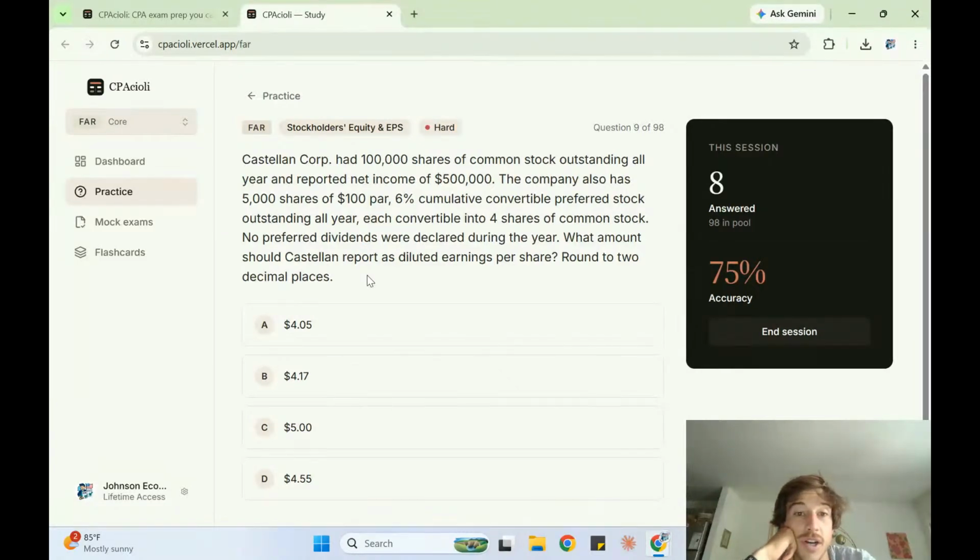Diluted earnings per share. A lot of these I'm just going to guess so I can see the answer. I'm not going to work it on paper because y'all can't see that. So sometimes I'll just answer these.